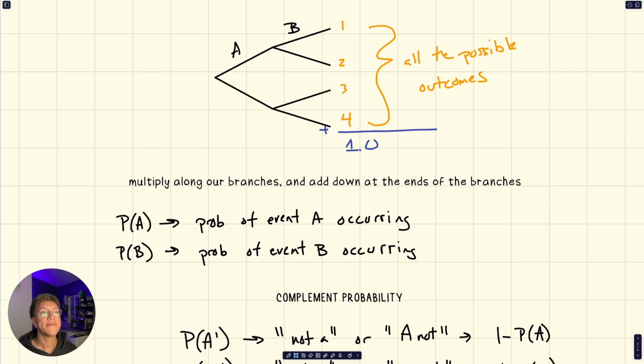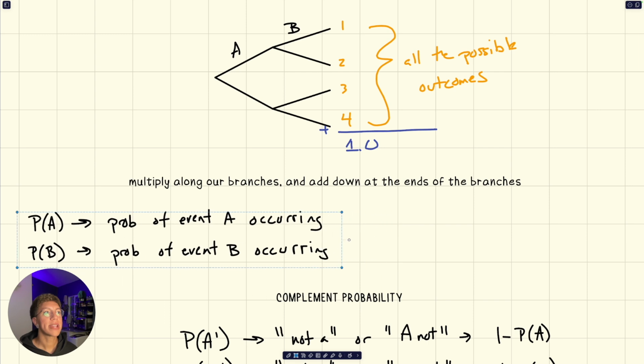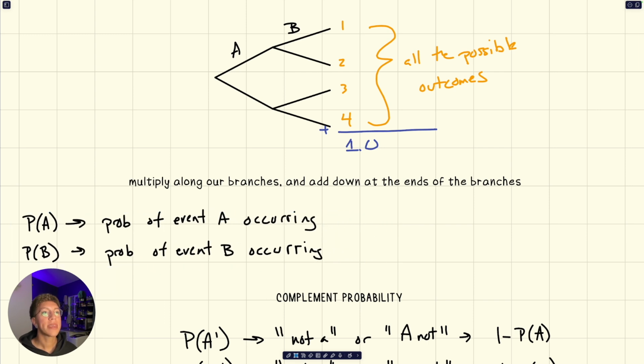Let's do it down here. So maybe we can move just this. Perfect. Okay. So let's say our tree diagram is oriented with A first and B second. We now, of course, know that these are conditional probabilities, but we'll keep it simple. What if we wanted to find the probability of B? What would that look like?